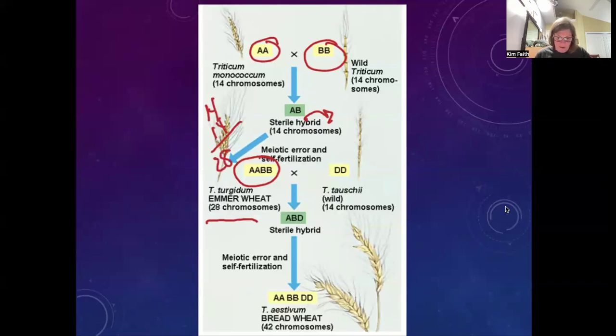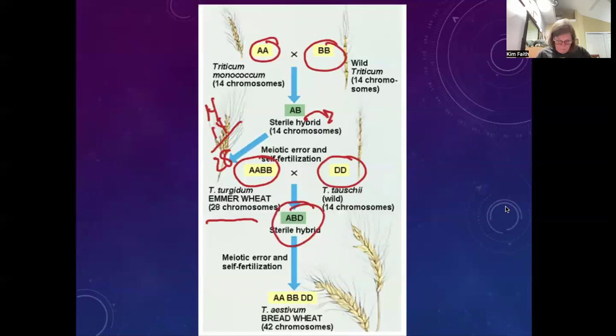Now we have this other type of wheat here. So we take the wild one, and we're going to cross that one with this, and we get what we call a sterile hybrid, A, B, and D. And again, we have another error in our meiotic process.